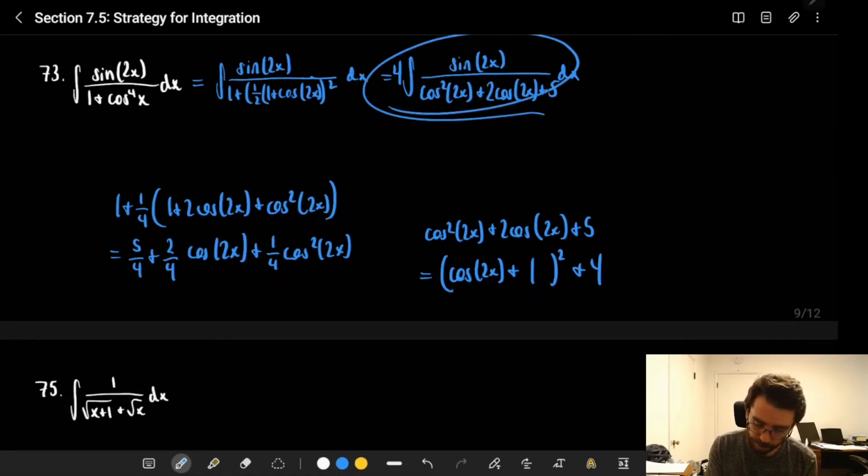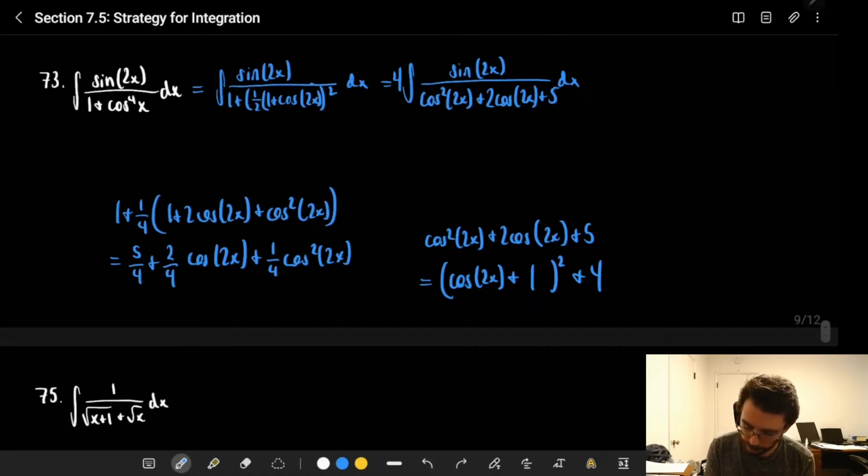Then you could plug that into the integral now, or you could make a u sub at this point. You could say u is this whole thing. So u is cosine 2x plus 1, du is, just chain rule it, right? -2 sine 2x dx.